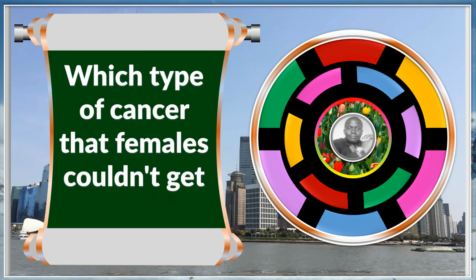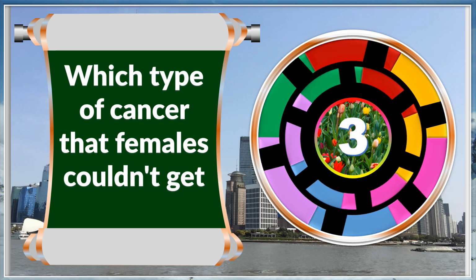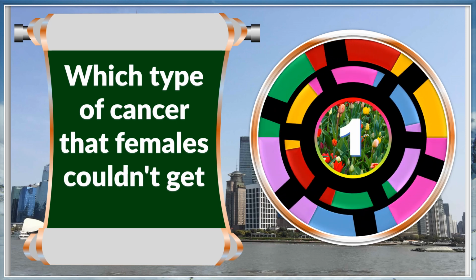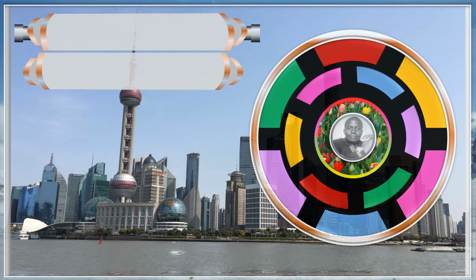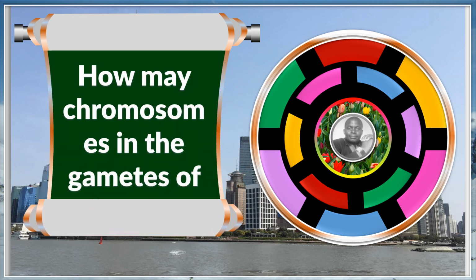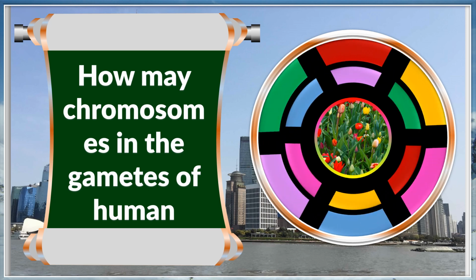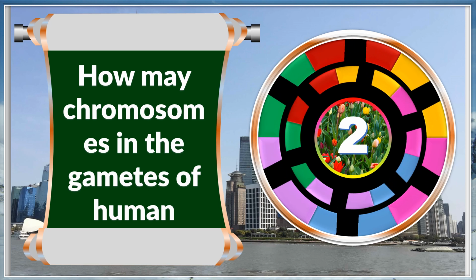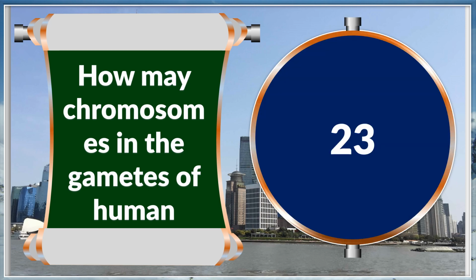Which type of cancer that females could not get? Prostate. How many chromosomes in the gametes of human? 23.